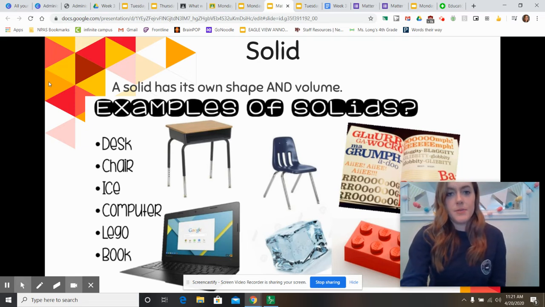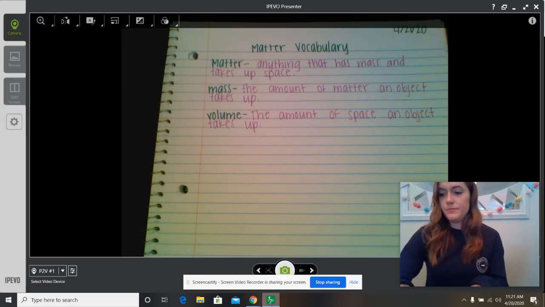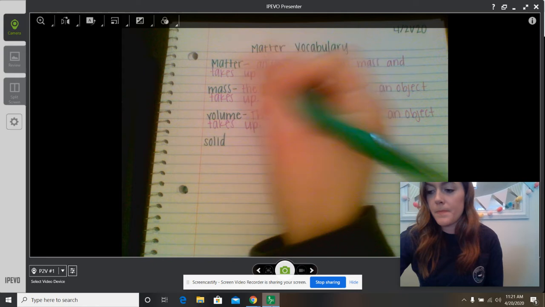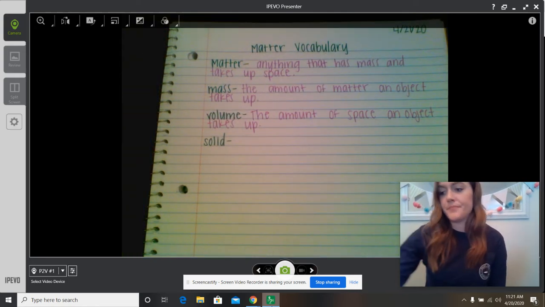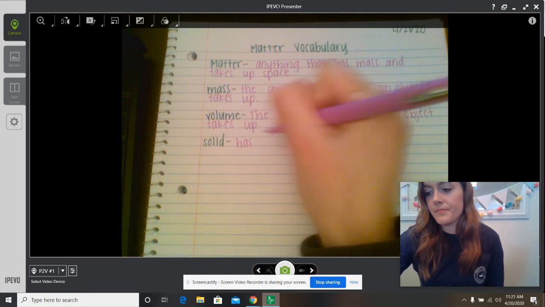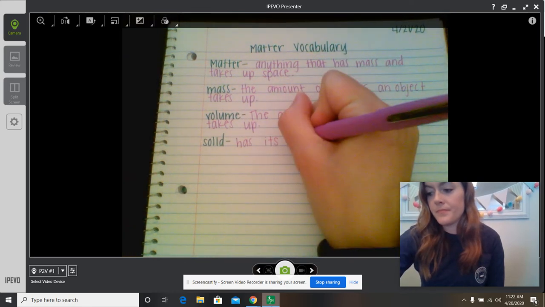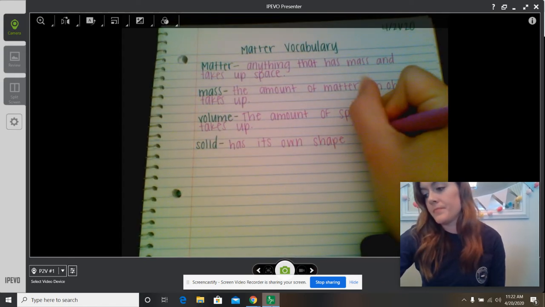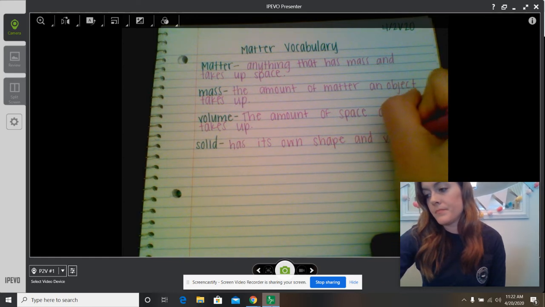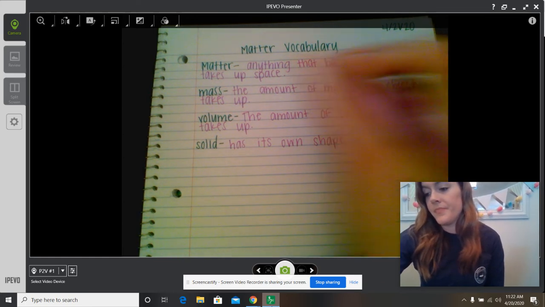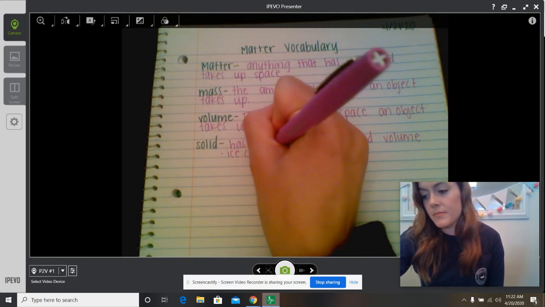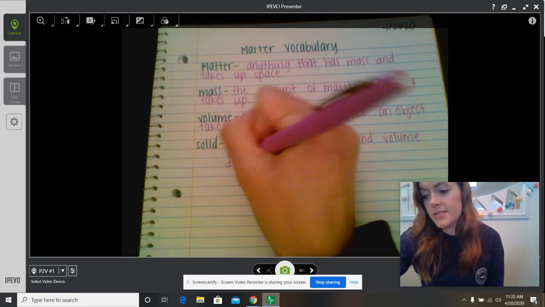So let's write this vocab term down. A solid has its own shape and volume. And I could write a bullet point and write an ice cube or a desk.